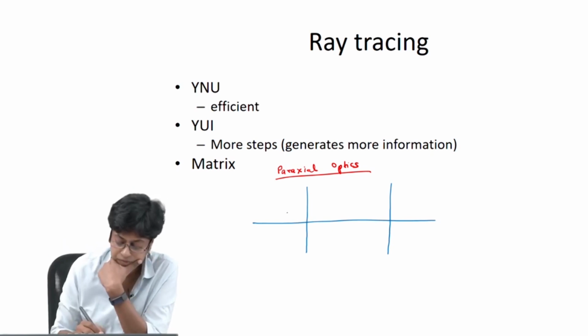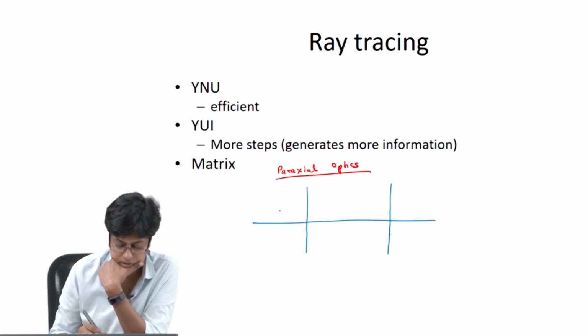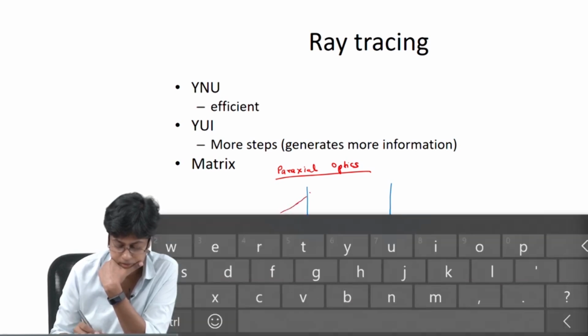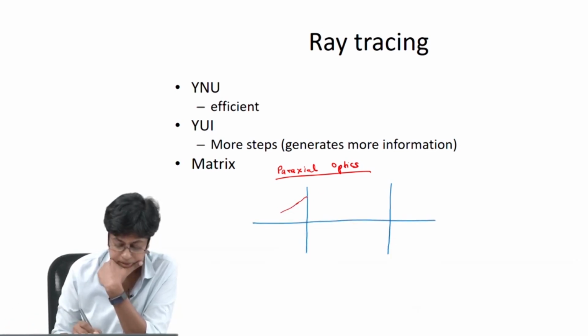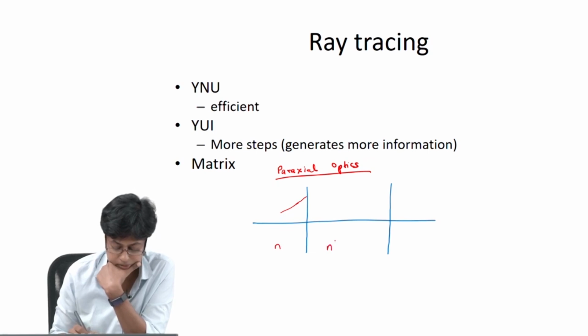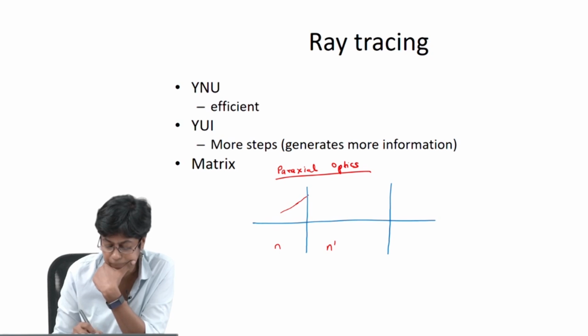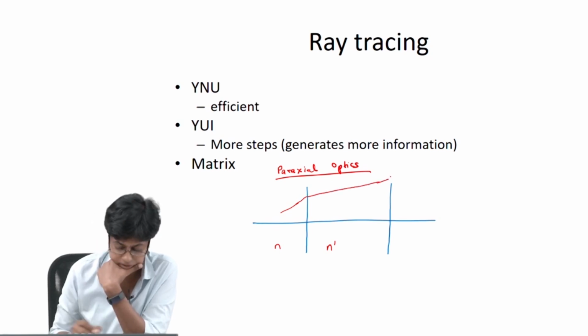So if I have a ray that is incident here, and this is an interface, that means there's one refractive index on one side, let's say n, and on this side is n dash. Because of this change in refractive index, the ray bends, and let's say it travels to this interface here.